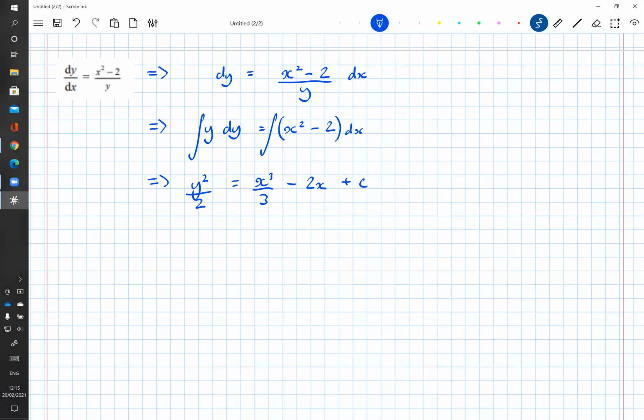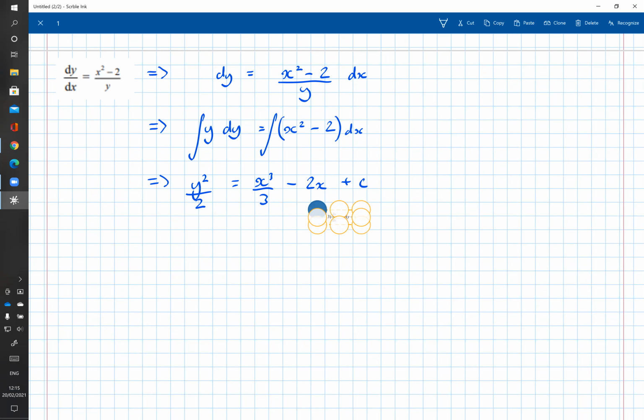I'm going to try another. This is going to bring into play all of your integration methods that you know. So there's another one there. Have a go at that one.